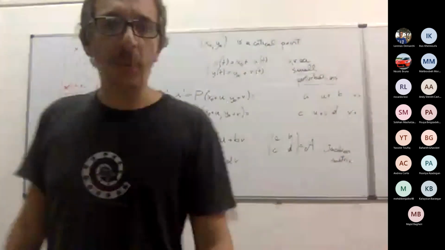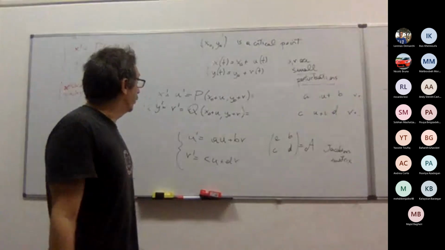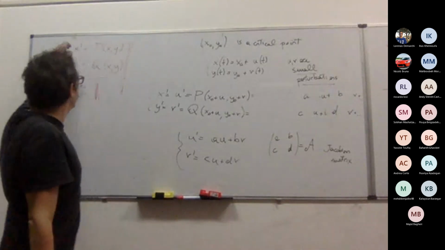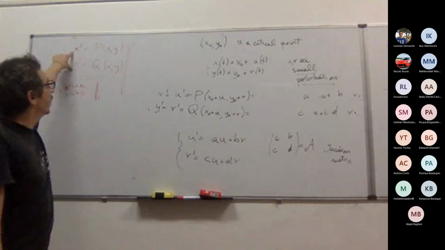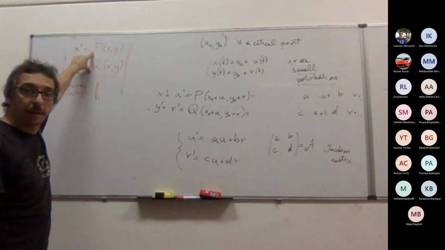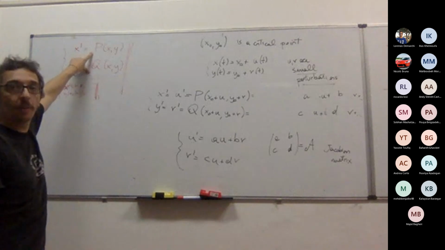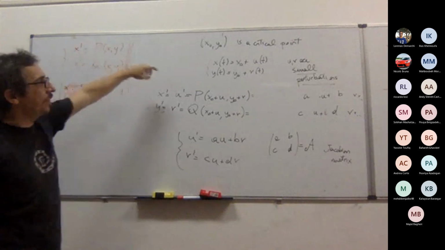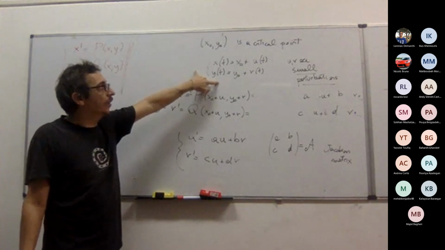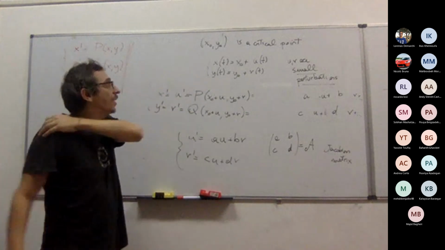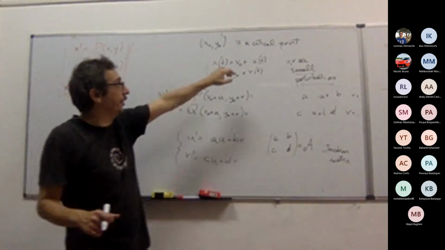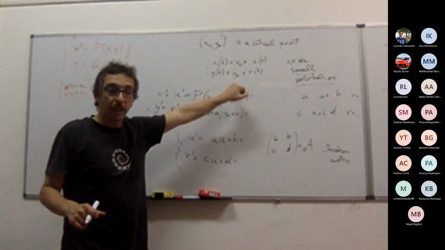Why did we do this? Because we started with the nonlinear system. Remember, P and Q are generic functions of x and y. And what we said is that we can expand around the critical point x naught, y naught.